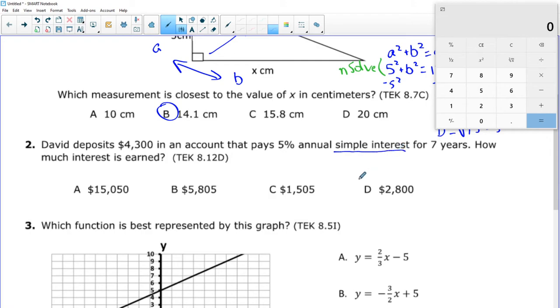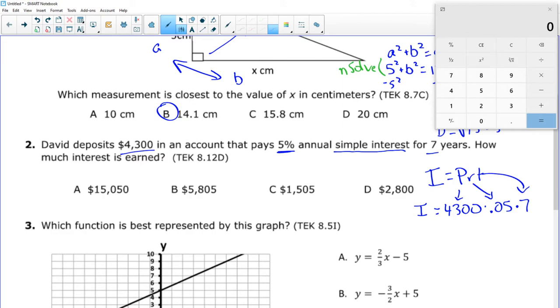So we know simple interest, that formula is I equals P R T, where P is the principal, or the money, which is 4,300, times R, the interest rate as a decimal, so 5% is 0.05, and T is the time measured in years, which in this case is 7. If we multiply all that together, we will get the interest earned.